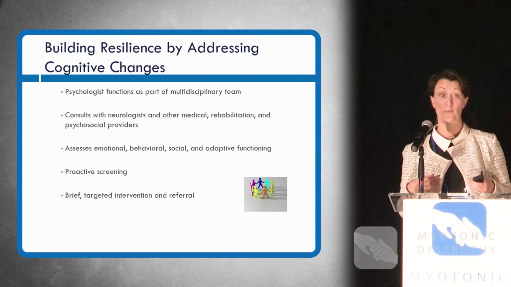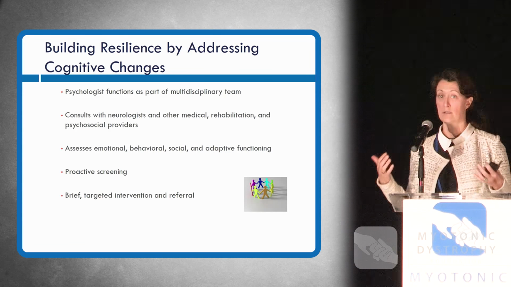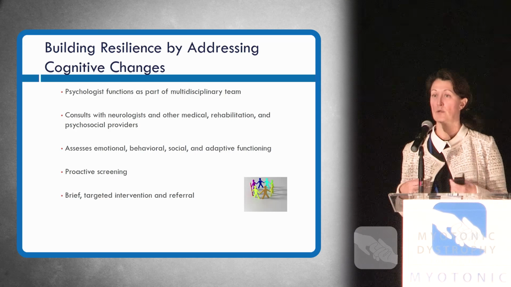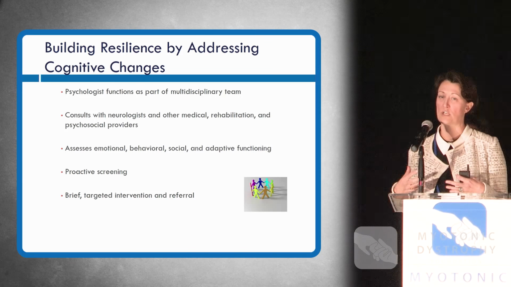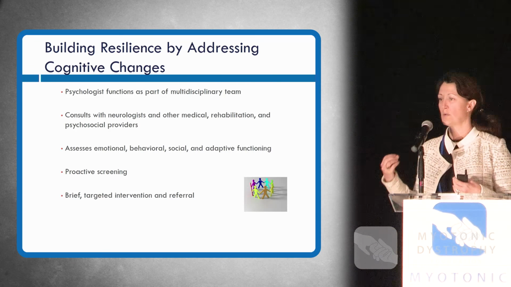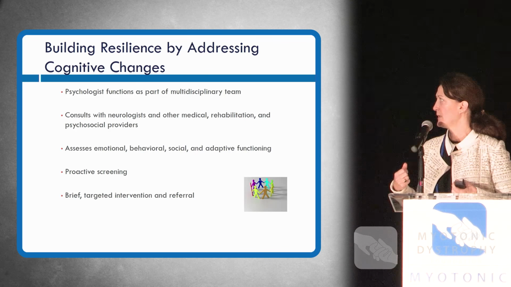And so, as a psychologist, I think it's important that somebody is on your team to address the cognitive function, to understand what those changes might look like for you. And so to include a psychologist in your multidisciplinary team is important.